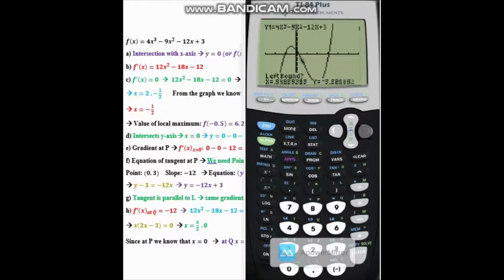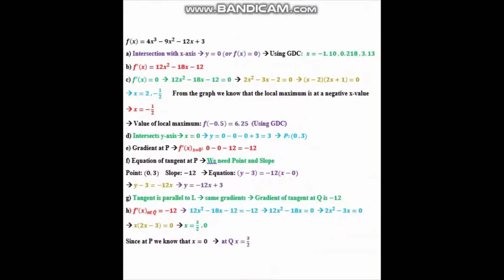Finally, the third 0 shall be obtained as 3.13. So these are the three values of x where the graph intersects the x-axis.